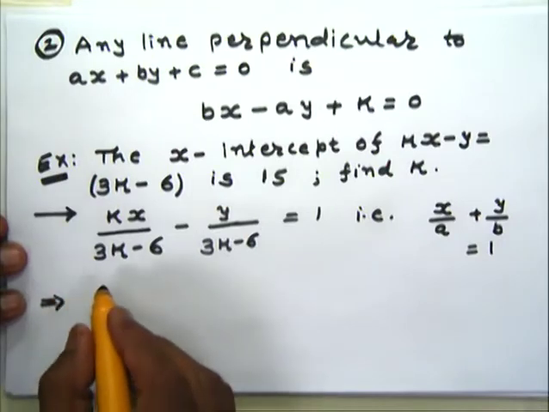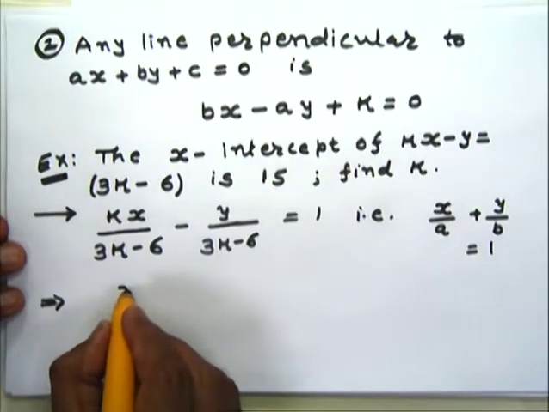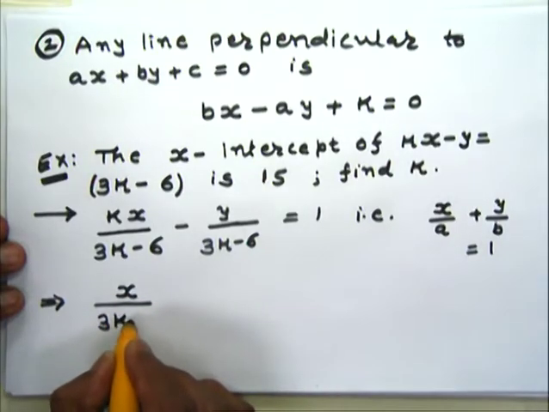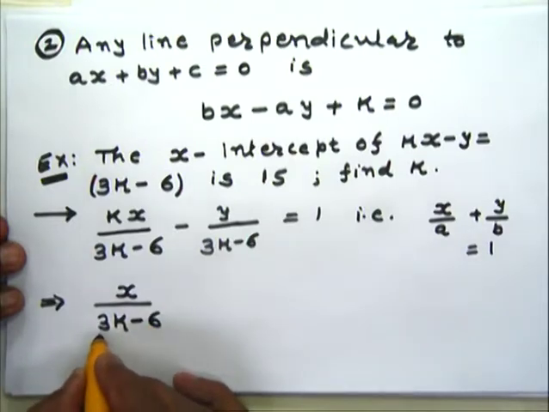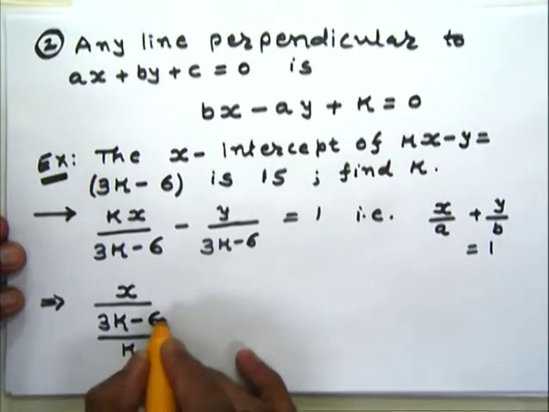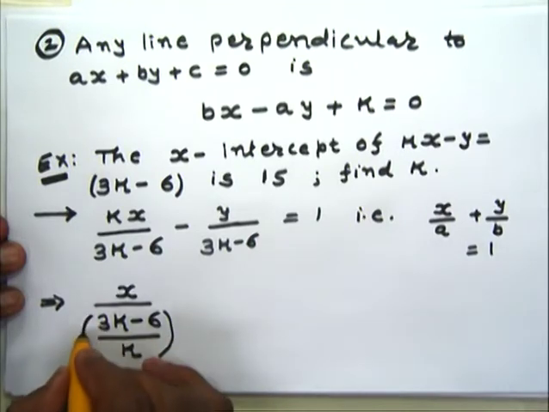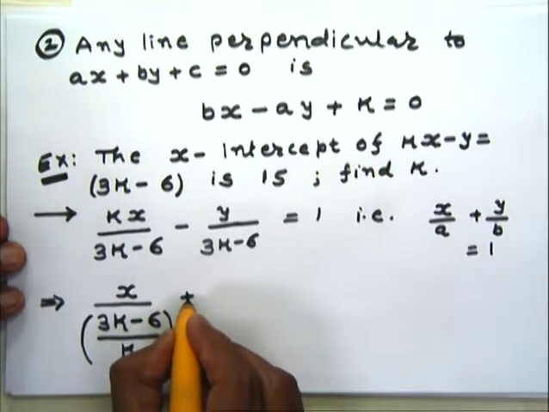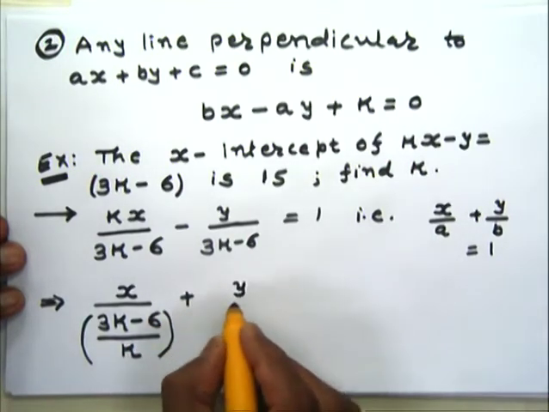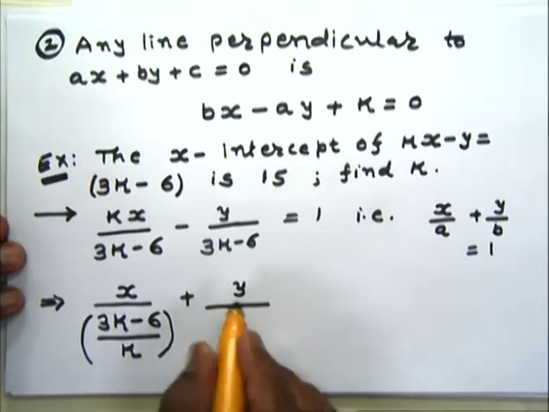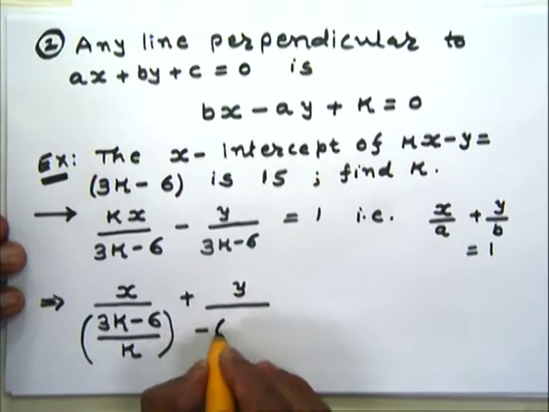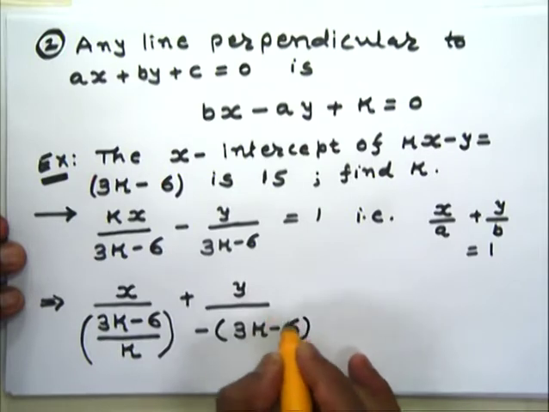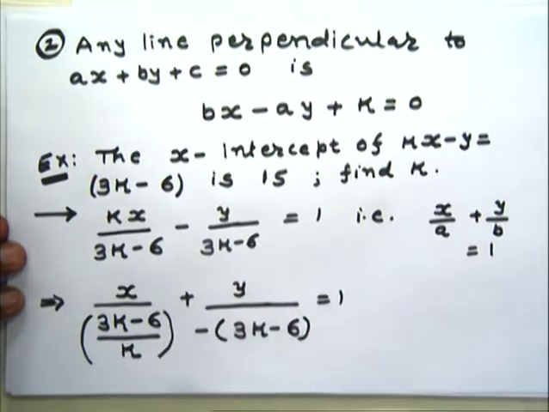So that gave us an idea of x. It is 3k minus 6 divided by k. We are just rewriting it in the form x upon a. Let me keep the plus sign, and we supply that minus 1 to 3k minus 6 equal to 1.